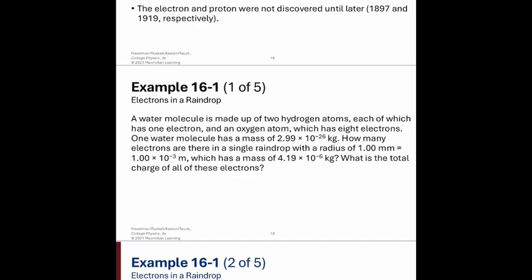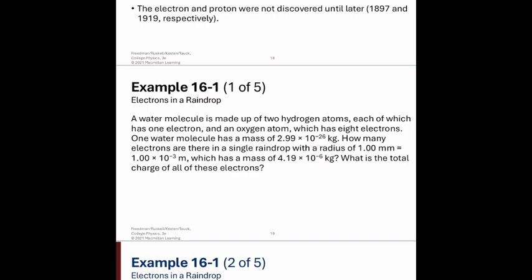If you just took chemistry, you'll be familiar with counting how many electrons and protons are in a type of molecule and how many molecules make up an object of mass m. In this example, we're going to determine what the total charge is of all the electrons that are in a raindrop.